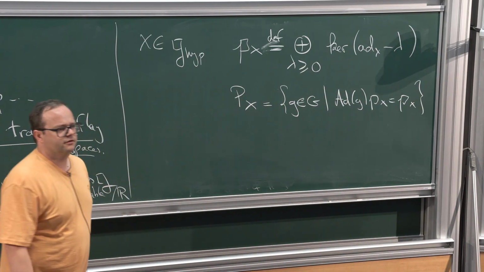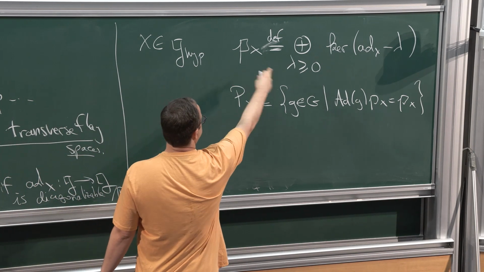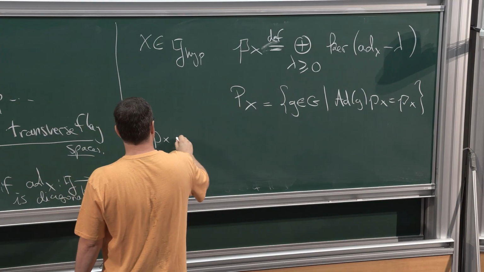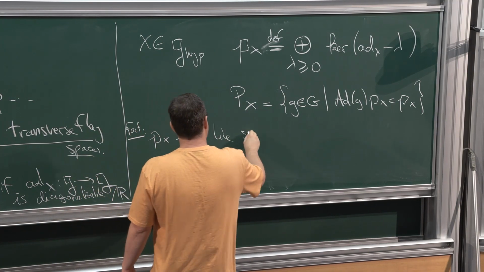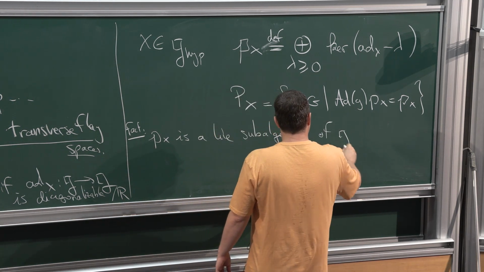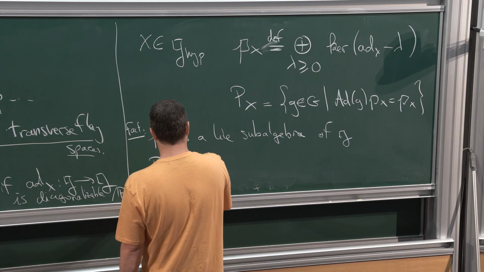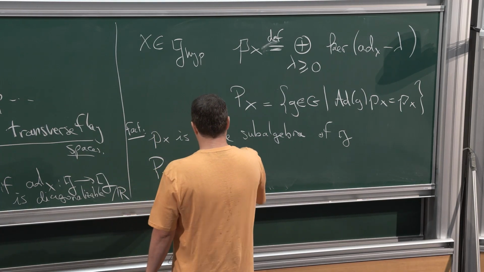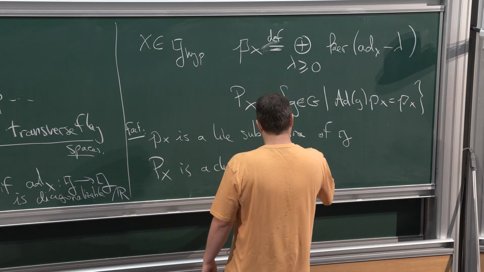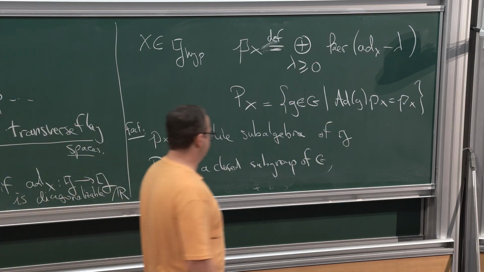And then it's a not so obvious fact from the definition that, well, the easy one is that P_x is a Lie subalgebra of G. The other, even easier one is that big P_x is a closed Lie subgroup of the group G. The less obvious one is that the Lie algebra of this group is this Lie algebra P_x.